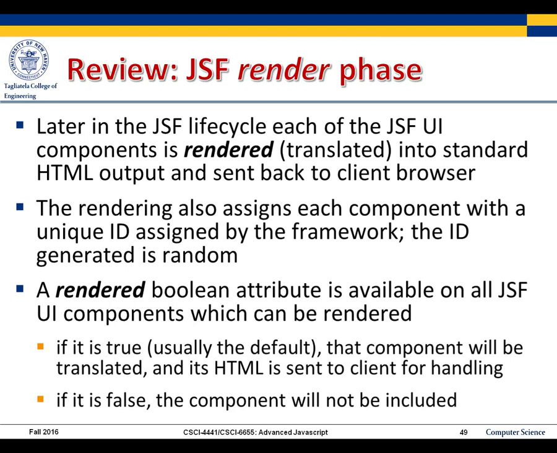And so this is where that rendered attribute comes in. Every one of those essentially has that attribute, which you can then make use of. That's what I was showing you before with the fragment. If it can be rendered, in other words, that's true, which is usually true, unless you were to say no, then the component is translated and the HTML is sent to the client, okay?